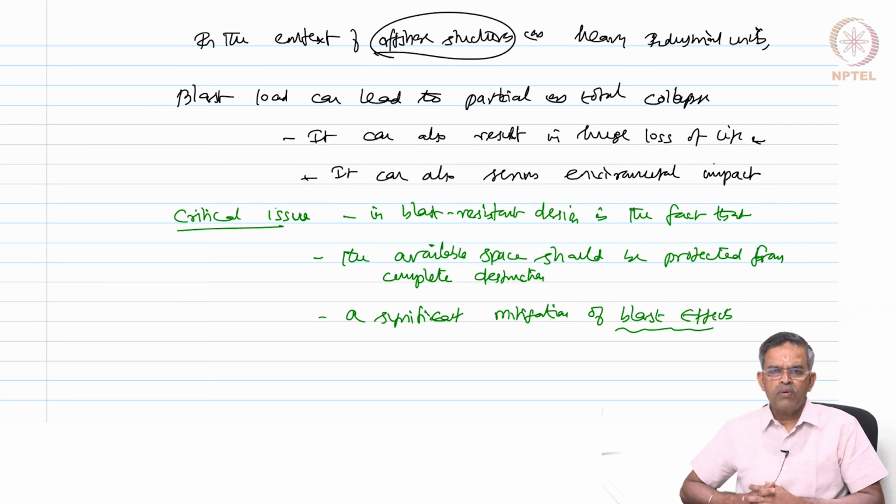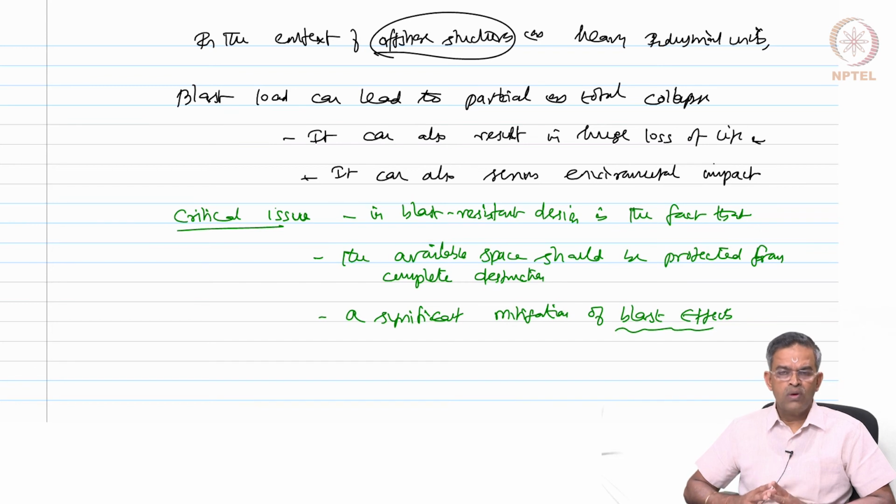So, one of the important factors which you can consider as a designer is to locate the strategic units well away, far away from the probable blast source, both horizontally and vertically. We call this horizontal and vertical zoning.